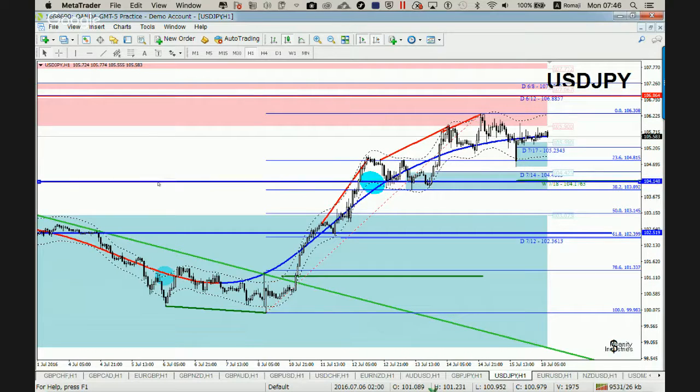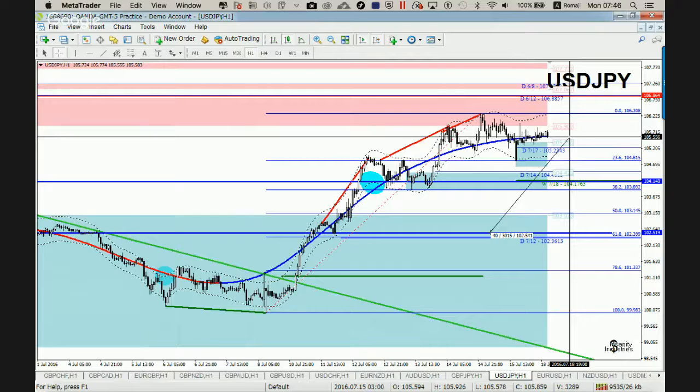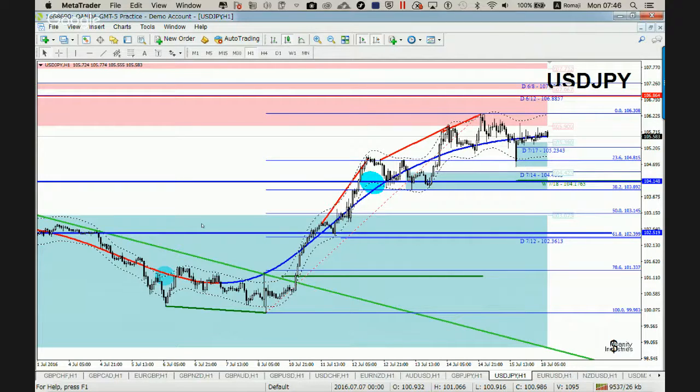And the required stop on this at this point in time is going to be 132. It's about a 1-to-1 to the first target, which is within our rules. We have to have at least 1-to-1 for the first target. And then the final target would be 301, which is a little better than 2-to-1, so that's an acceptable trade setup.